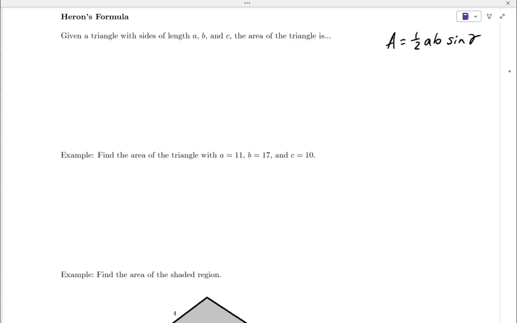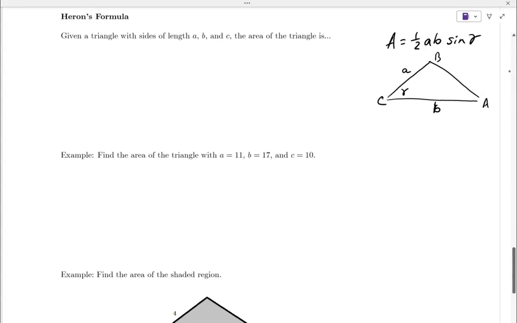But the reason why that one works, let's say we had your A here, and your B here, and your gamma here. So let's say this is vertex C there, A over on the right, and B up here.